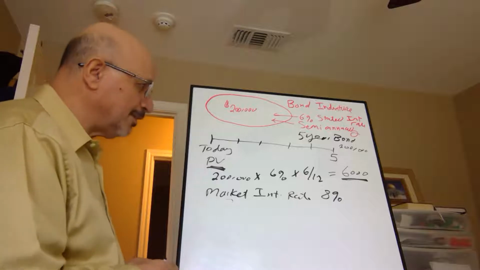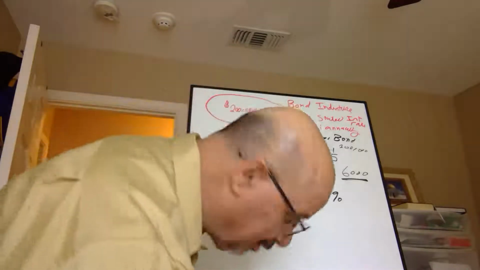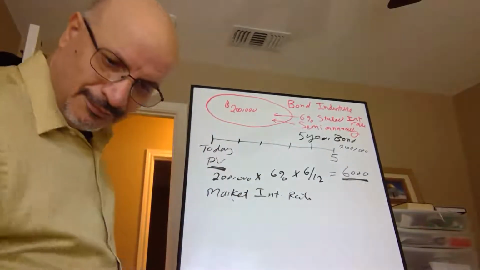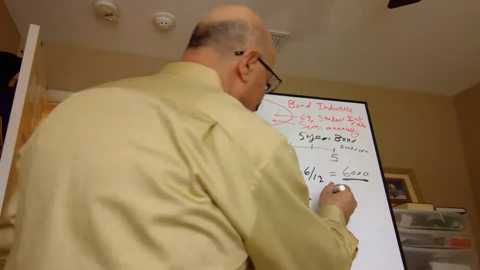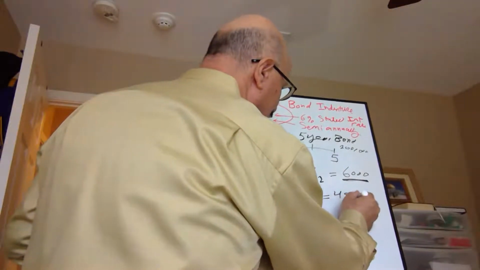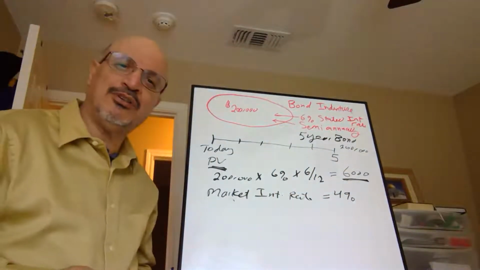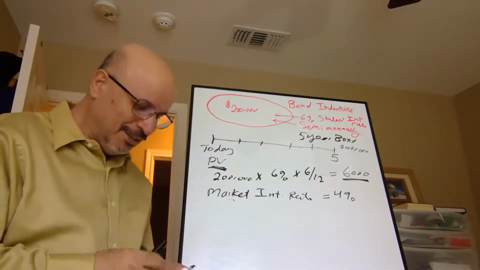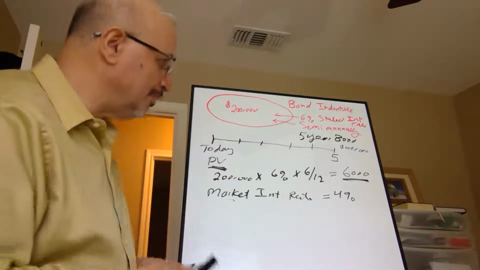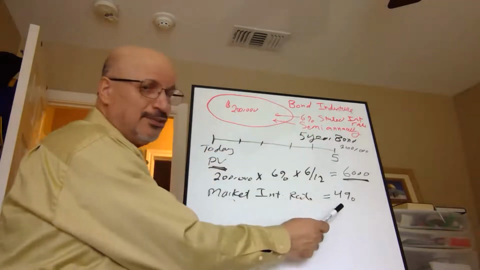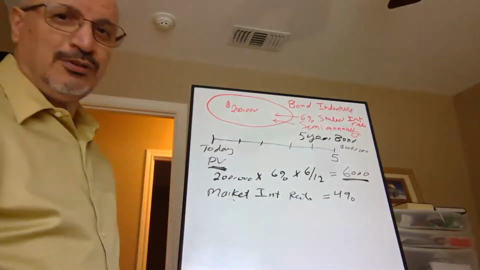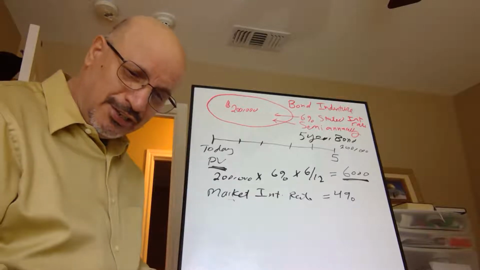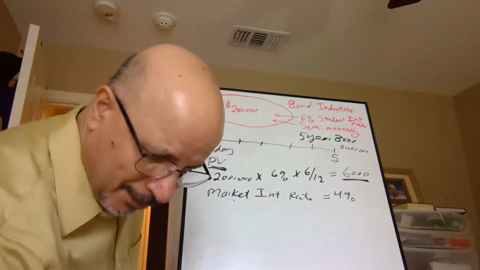Let's assume that the market interest rate is 4%. We are offering 6% and the market is offering 4%, so there will be high demand and we will raise the price of the bond. In this case, the bond is issued at a premium.